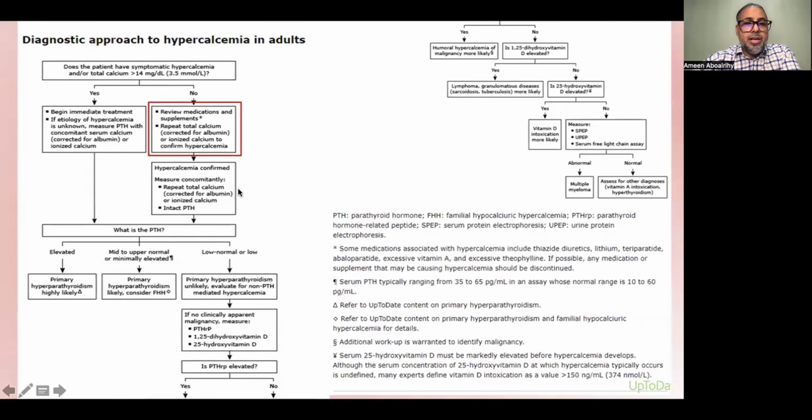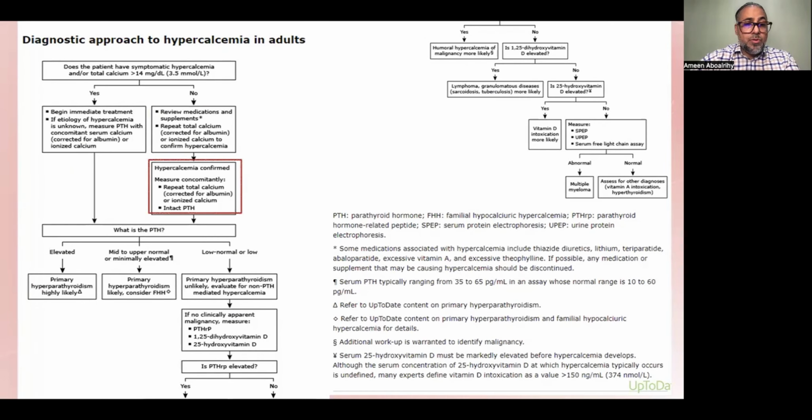Of course, you correct for the ionized calcium to confirm the hypercalcemia. Many patients have high albumin because they are volume depleted, so we correct the calcium to see if it is really elevated or not.